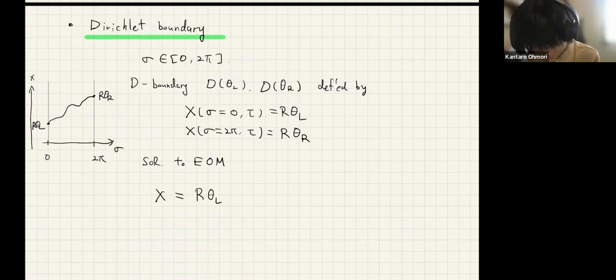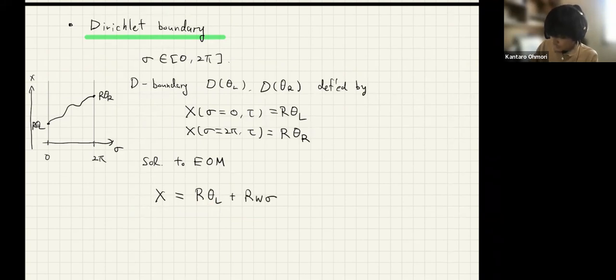Now the center of mass cannot completely freely move because the two boundaries are fixed. So now we don't have a constant piece. Let's say the constant piece is fixed to this value.